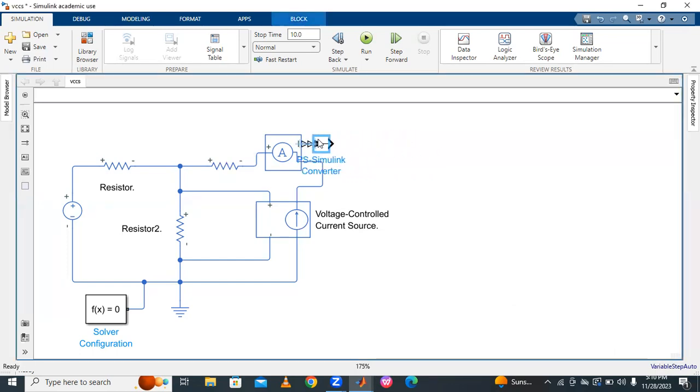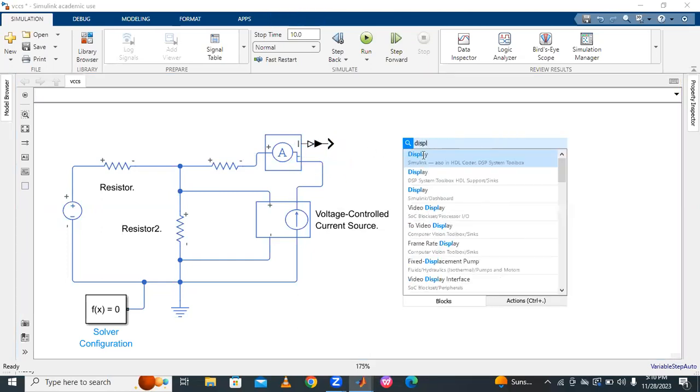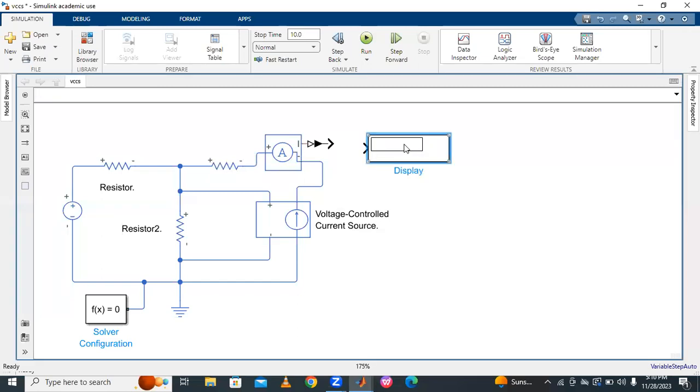Connect it here, take one display, and connect it here. This is the voltage controlled current source circuit for measuring the current flowing into this particular branch.